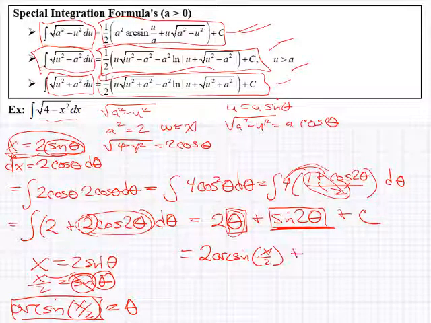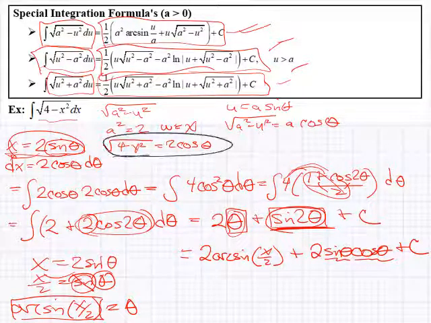And then this sine 2 theta, the double angle identity says should be equal to 2 times the sine of theta times the cosine of theta plus c. Well, now we just have the sine of theta and the cosine of theta, and we can use this substitution that we have to do that.